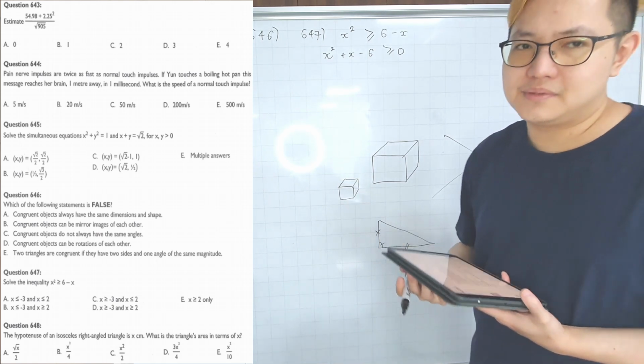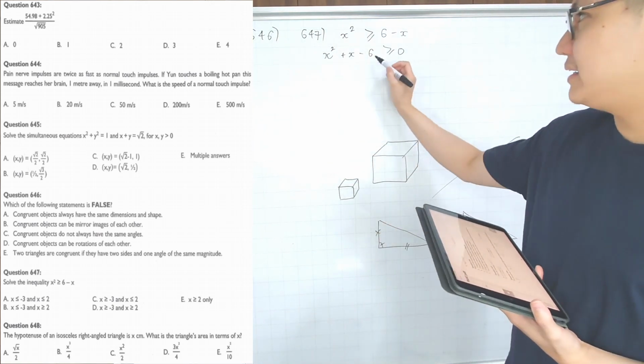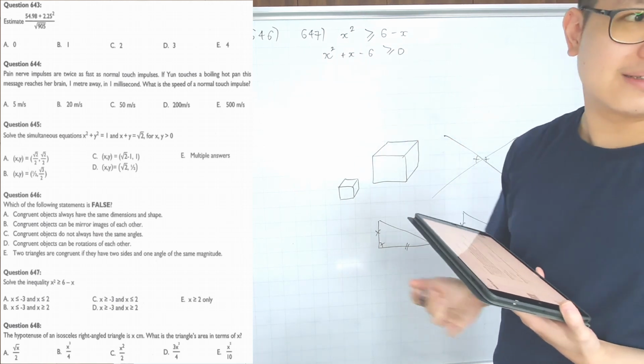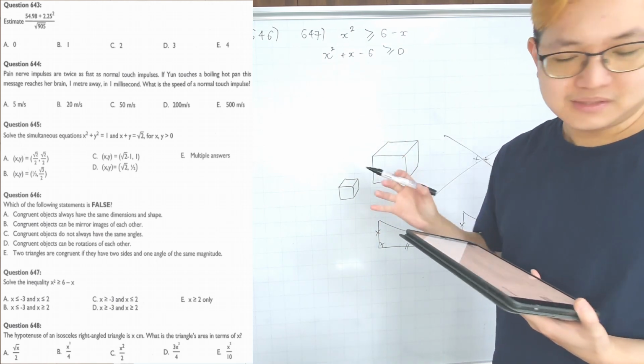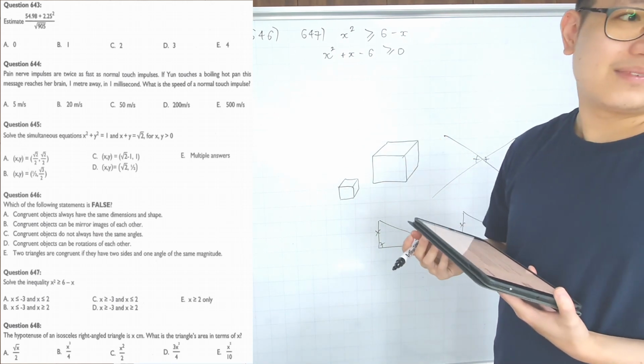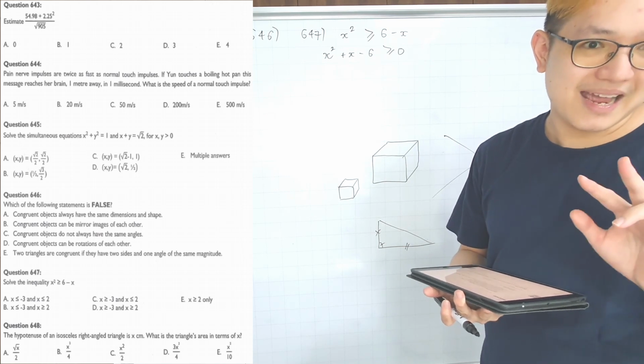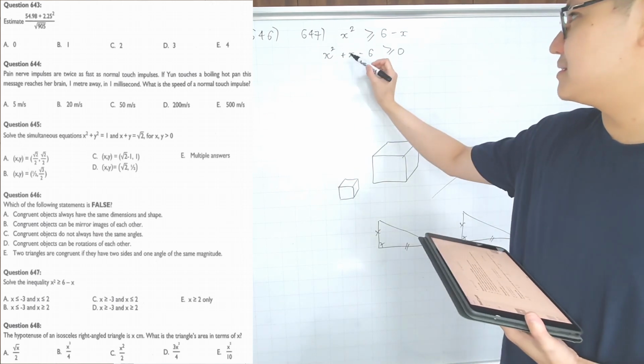I don't think we should try to find delta. We have to find a way to make this into a factor, I think. Look at minus 6. It's going to be something 2 times 3, right? And look at this one, it's plus 1, right?